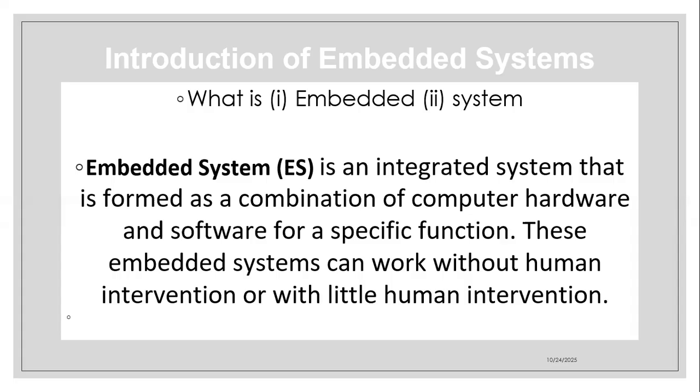Now, let's come back home. When you hear about embedded system, we're talking about all the components, all the parts put together. Once all of them are put together, it's called an embedded system.